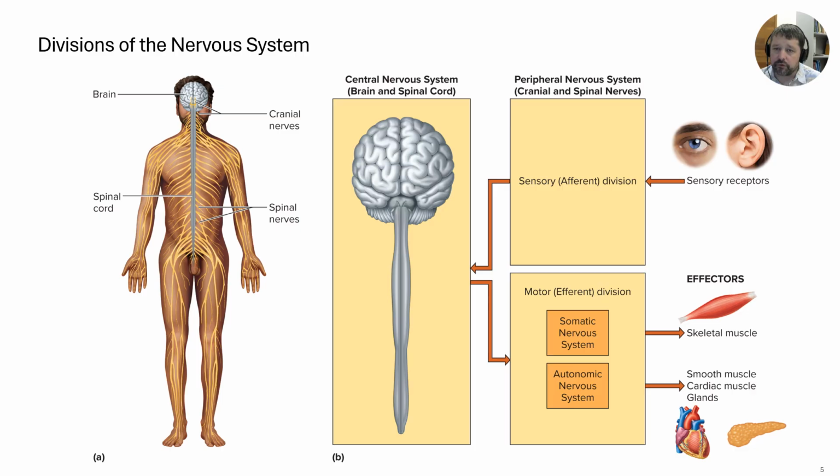And they will sense a difference, an alteration, etc. That's going to send a signal back to the central nervous system, which would then send a signal from the central nervous system to a region that needs to have an effect, which we call the effector region.